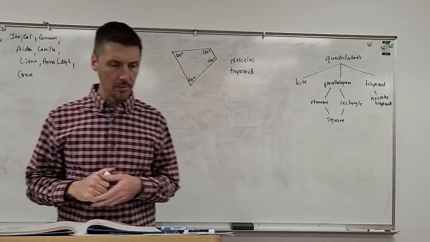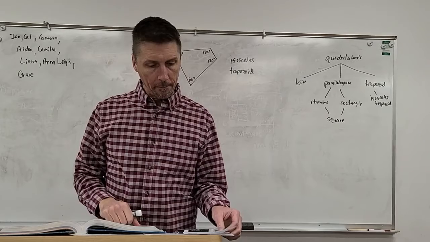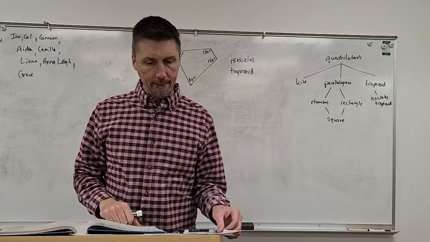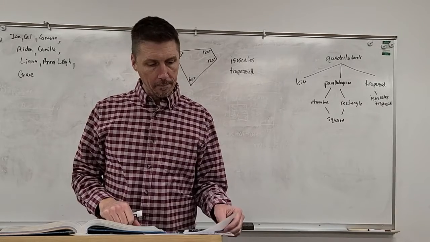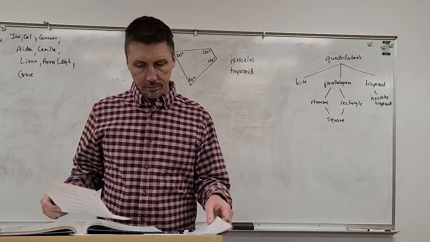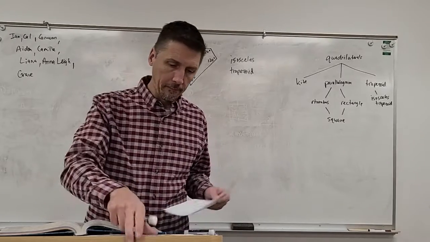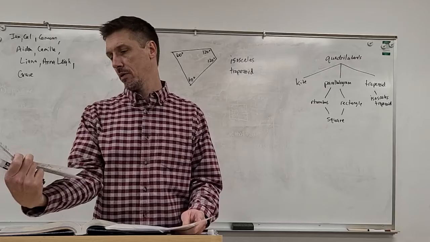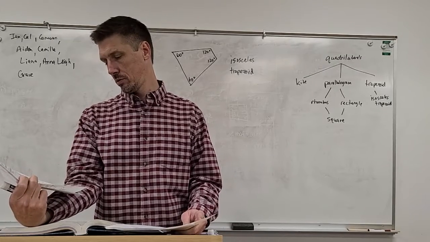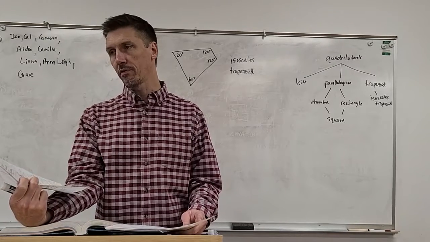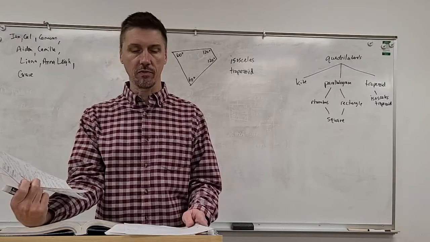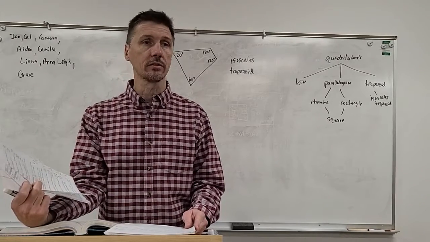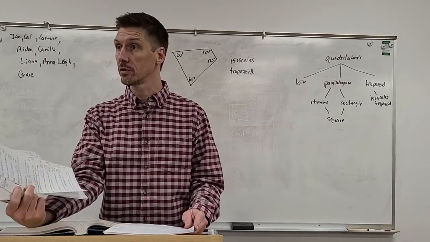Does anybody happen to know off the top of their head what theorem that was? That was theorem 6.14, right? So 6.14. When you take your test, make sure you've got all these theorems on your note card.